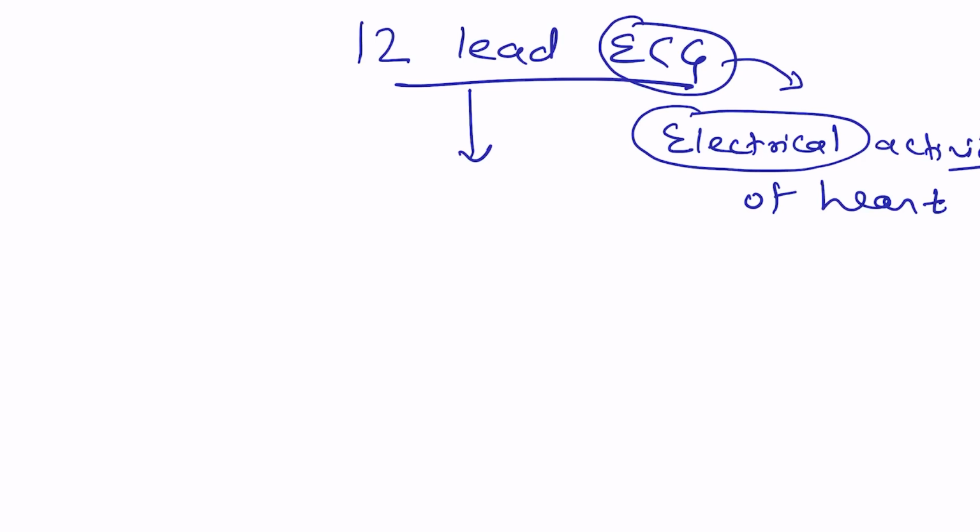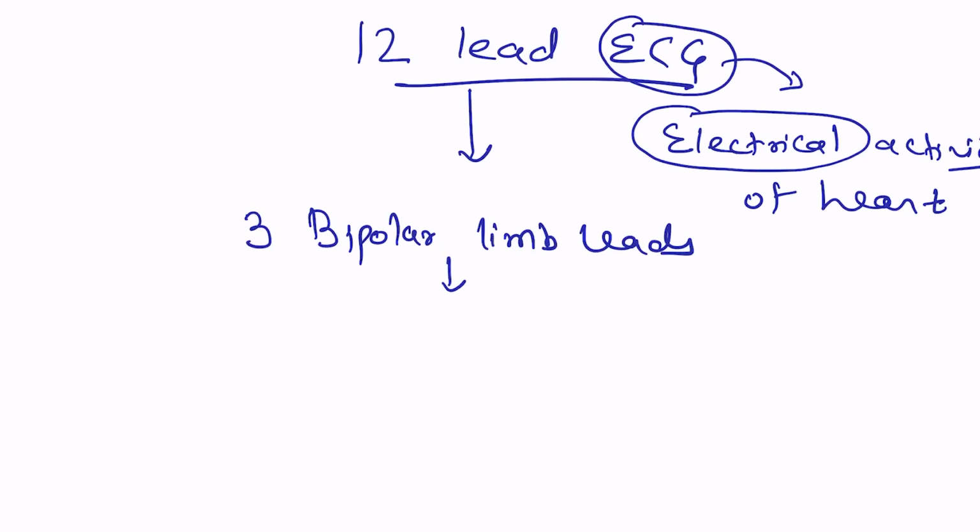So in the 12 lead ECG that we routinely see, we have three bipolar limb leads: lead 1, lead 2 and lead 3 in Roman letters. These are bipolar limb leads.